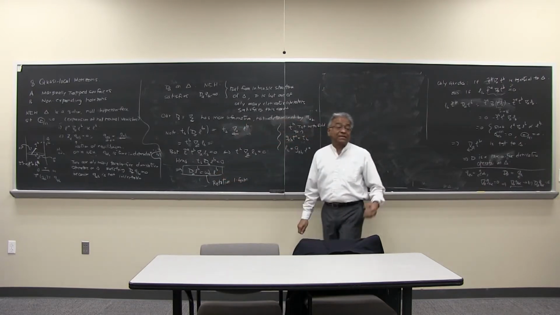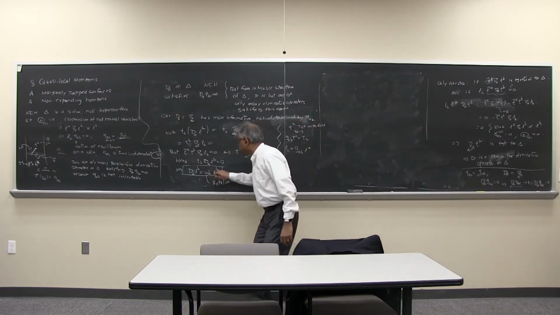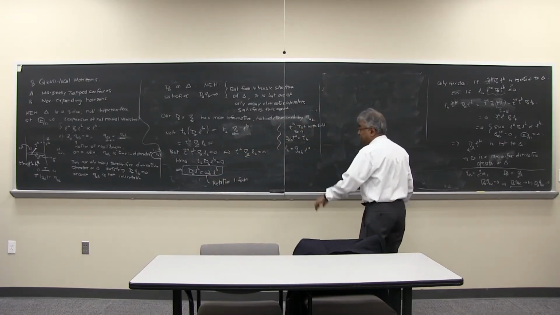And we'll see that it actually has information about the angular momentum of the horizon. So dA LB is equal to omega A LB, and omega is called the rotation.